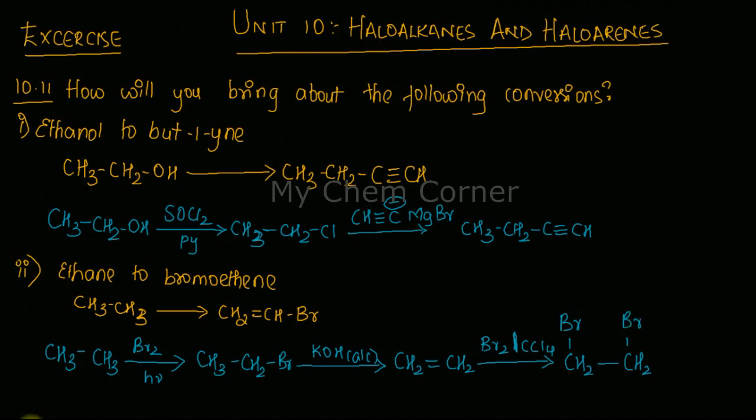Further, when I do a reaction here with alcoholic potash, which is nothing but the elimination reaction, one Br and one hydrogen from the beta carbon are removed. If I'm considering this carbon as an alpha carbon, this is going to be the beta carbon. Or if I consider this as alpha carbon, this is going to be the beta. So either one, I can get my product, which is CH2=CHBr.